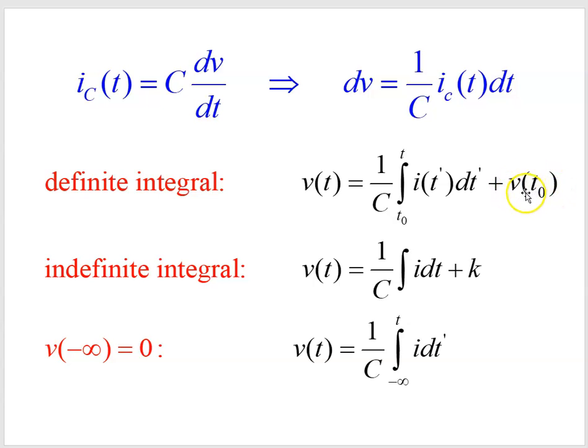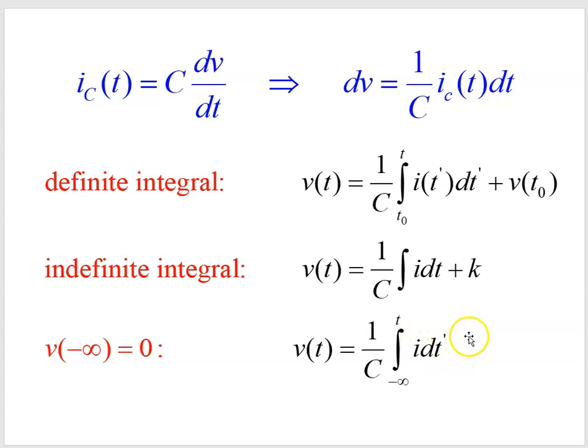That's like our constant of integration being known. In our indefinite integral, we don't know the constant of integration, so we just call it some k. However, if we know we're starting from very, very long ago in time, and the voltage at negative infinity is equal to 0, then we can just go from negative infinity to t of I dt.